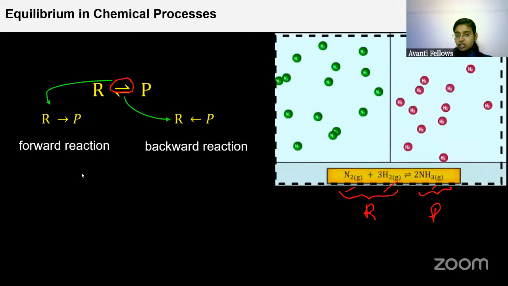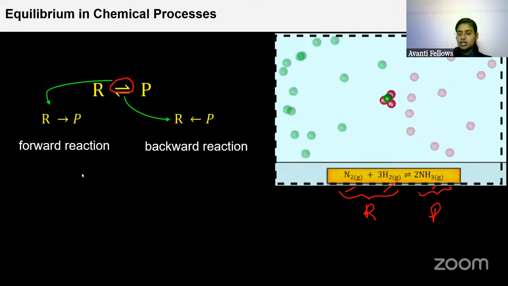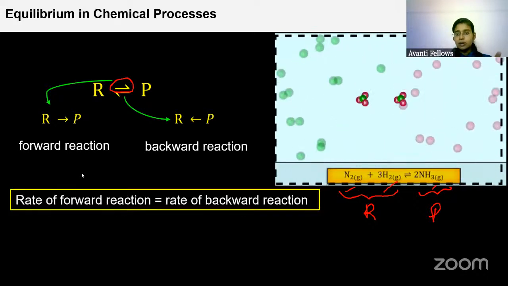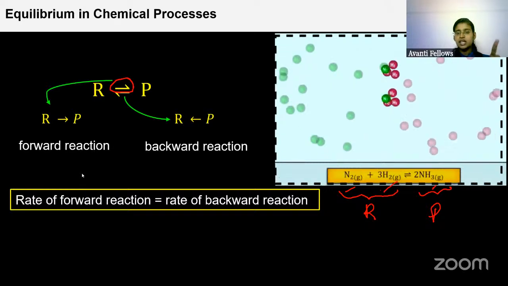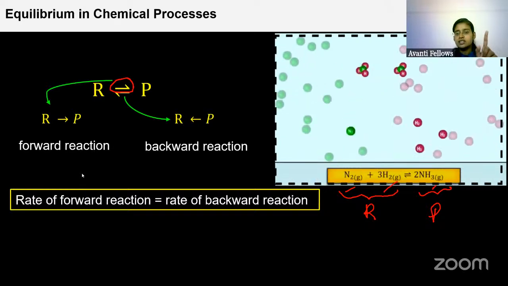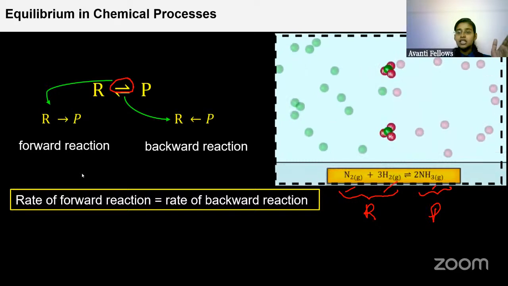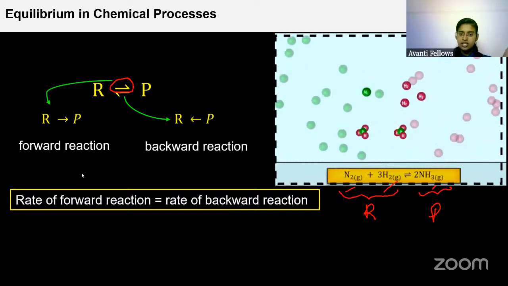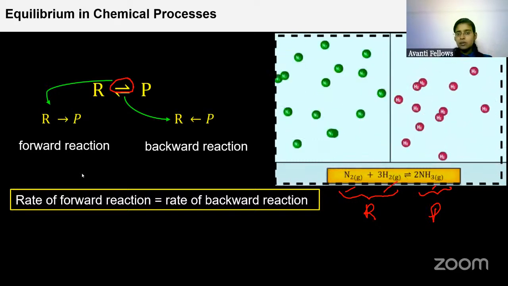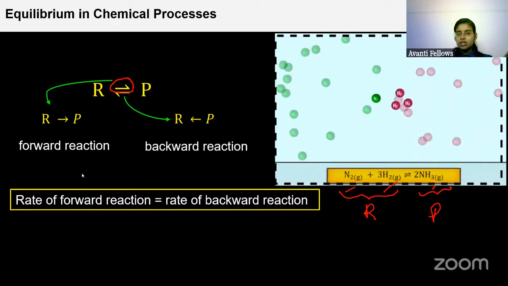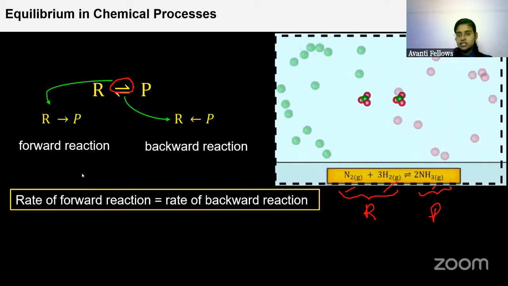If the rate of the forward reaction is equal to the rate of the backward reaction, then we can say that the system is in chemical equilibrium. And coming to chemicals, we have to talk in terms of concentration, right?